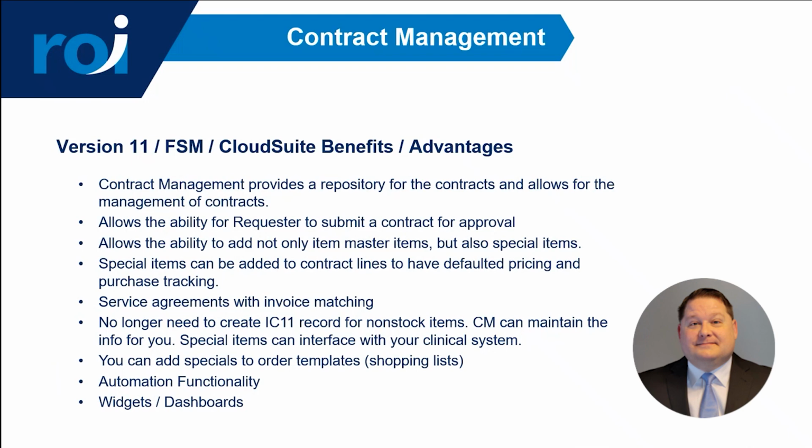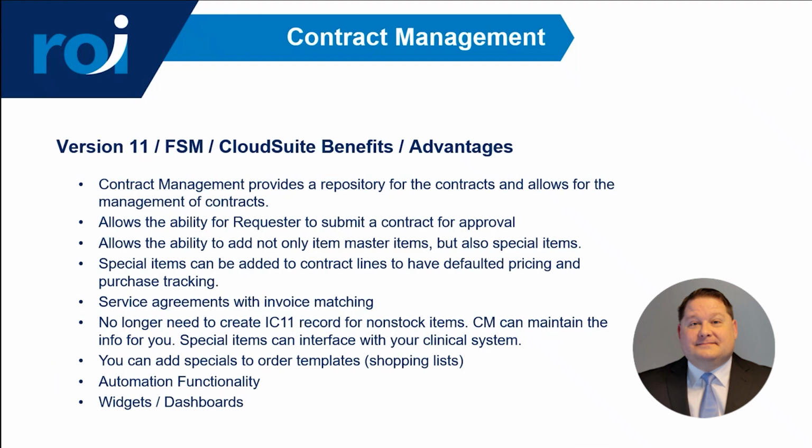And then your service agreements that you have, you can also do the invoice matching, and that also takes place in version 10. But the service agreements here are a little different because they don't really create a PO number. They utilize the contract number.